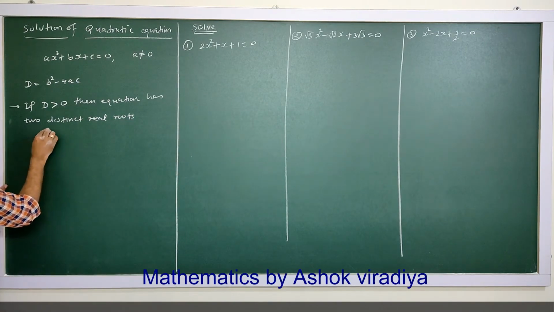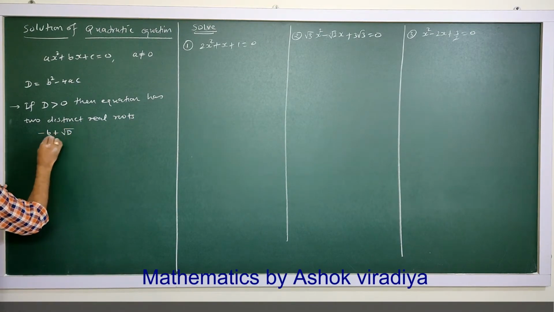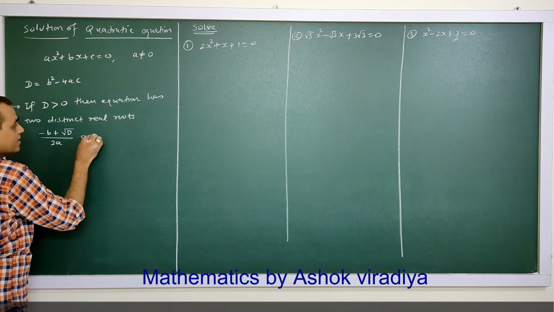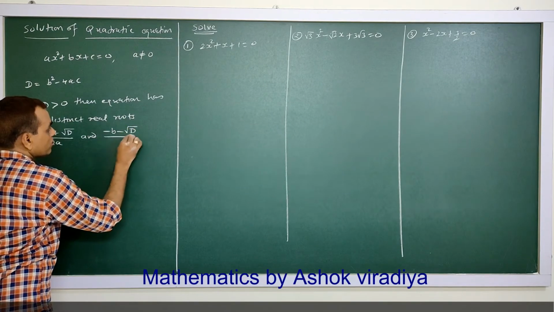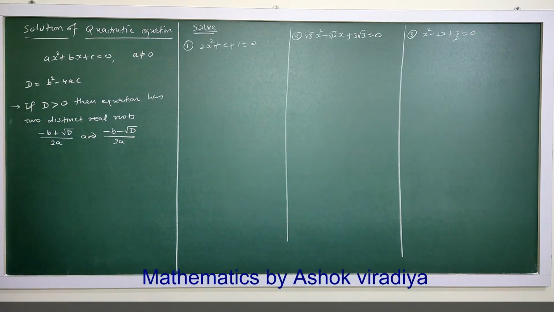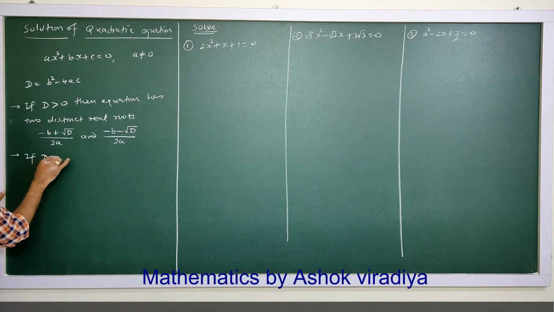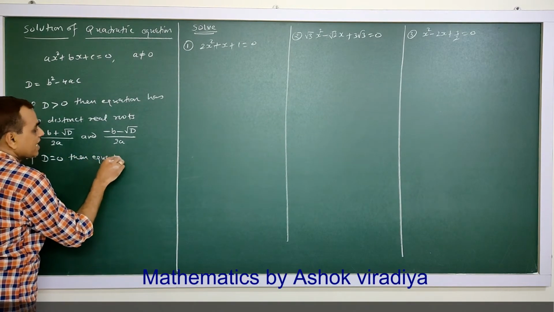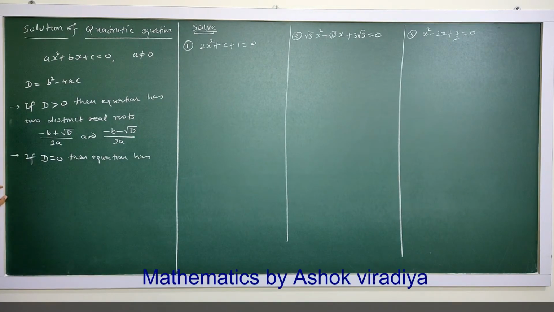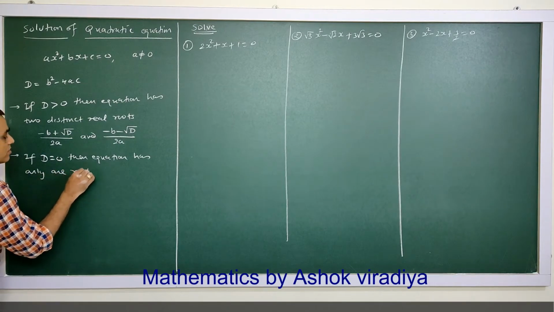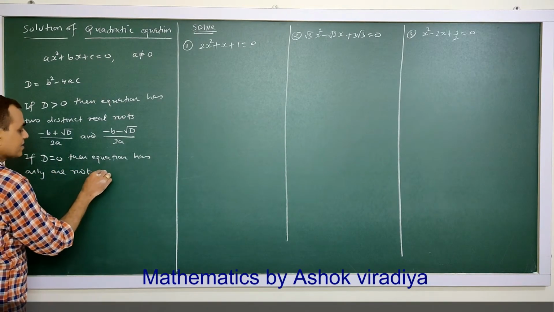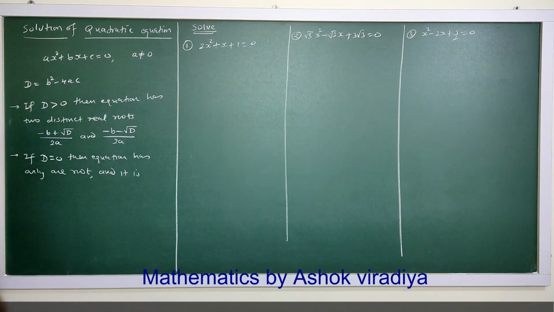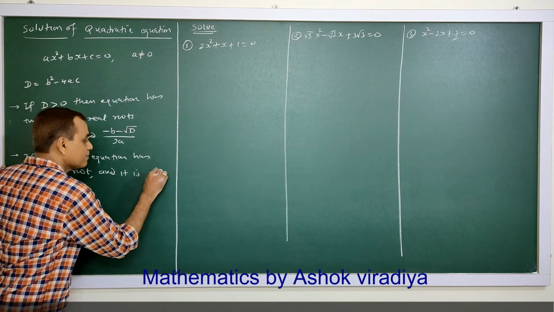Roots are (-b + √D)/2a and (-b - √D)/2a. If the discriminant is 0, then the equation has two identical roots, or we can say only one root, and it is -b/2a.